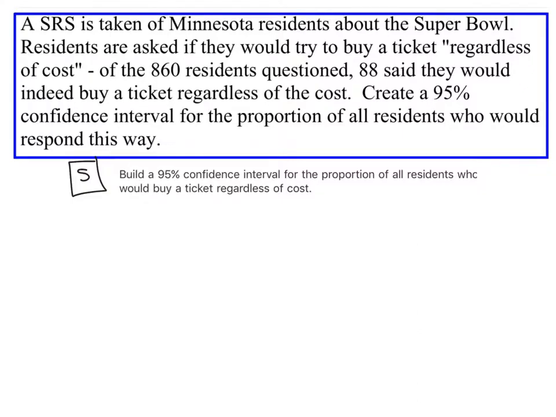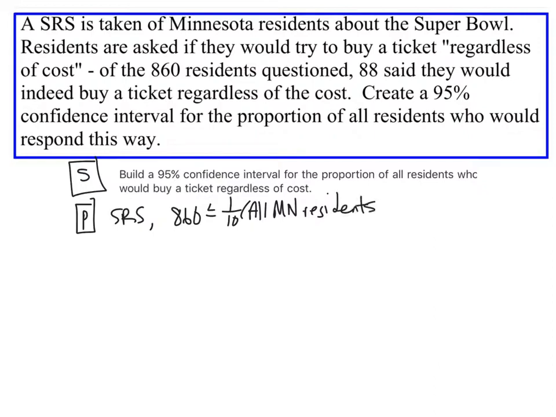All right, our plan. Well, we still have a simple random sample. Our sample size, 860, less than or equal to the 1/10 of all Minnesotans. And remember, we have a little bit different follow-up.